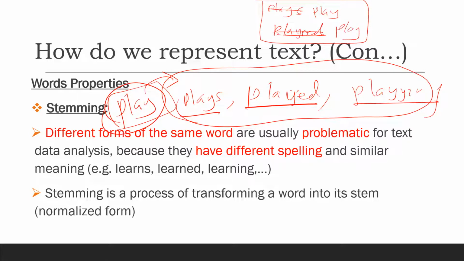If you think about this and this, definitely the computer finds these are two different things. But whenever we replace them with the normalized form, the computer finds it is the same thing. That is very helpful for finding similarity. That's why we change the stemming words into the normalized form.